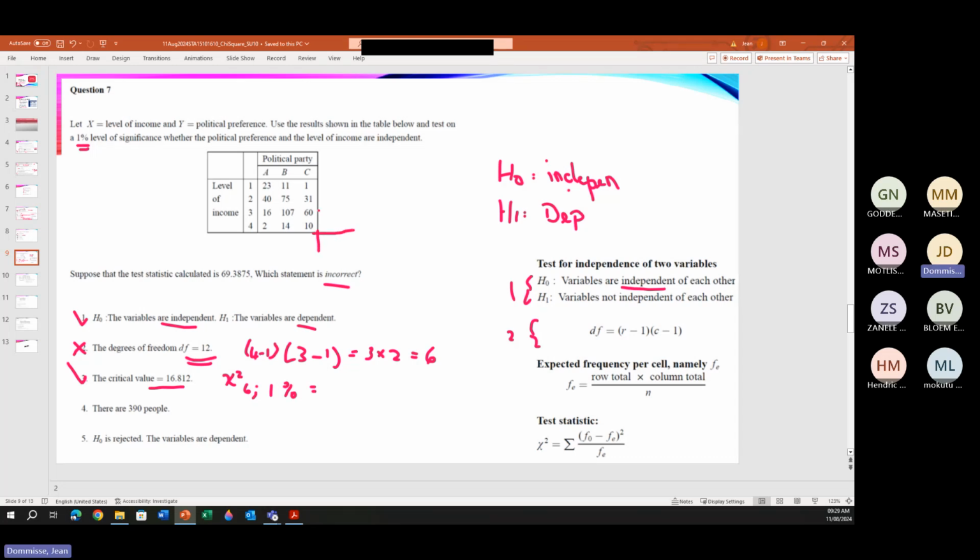So we will need to add all of those values together to get the 390. So let's quickly do that.